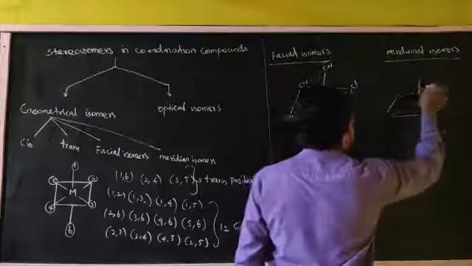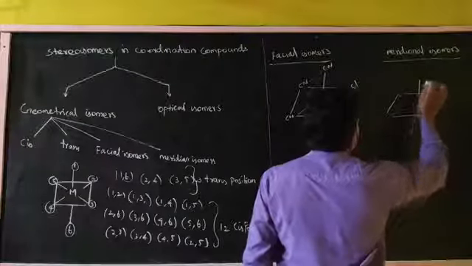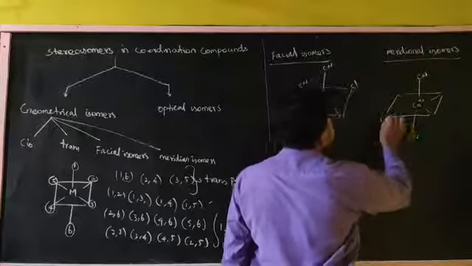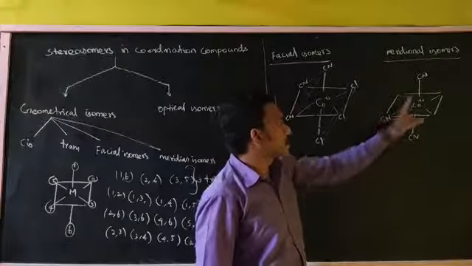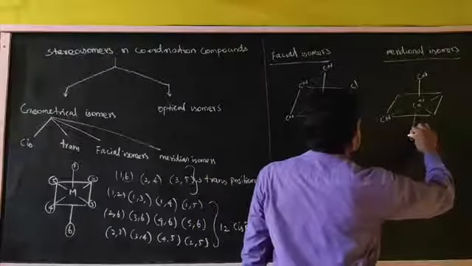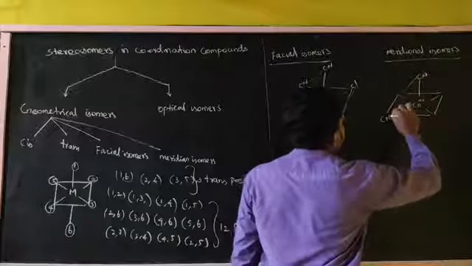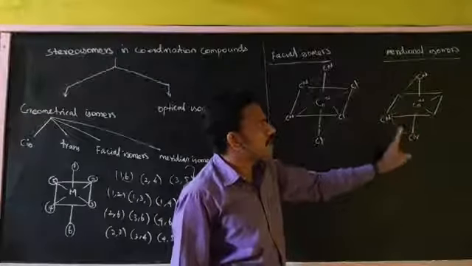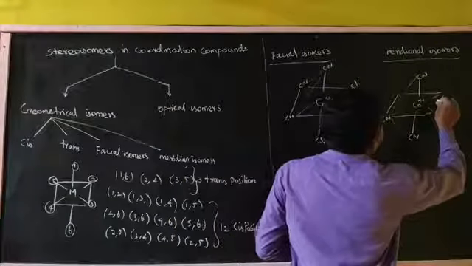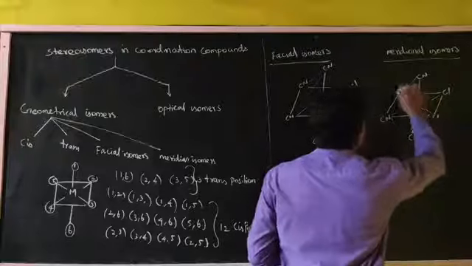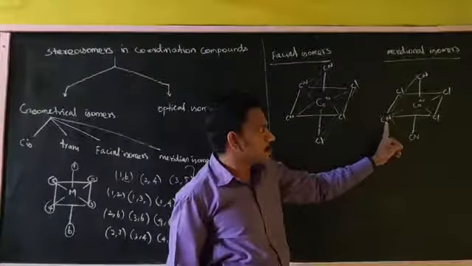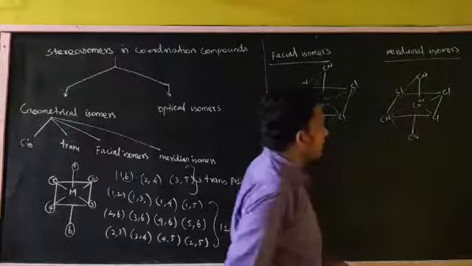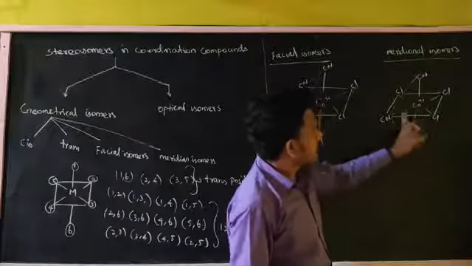Here, the 3 similar cyanide ligands are present around the meridian, which is an imaginary semicircle around the central metal atom.